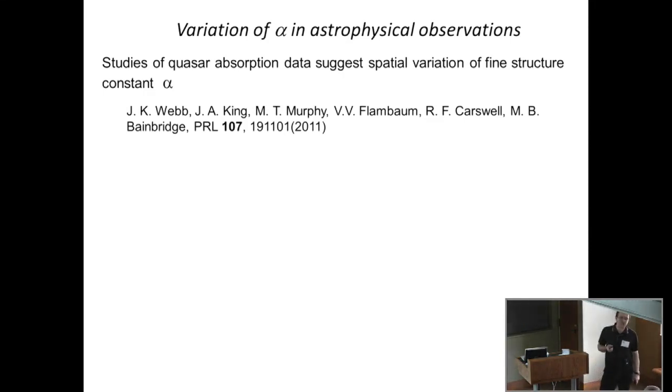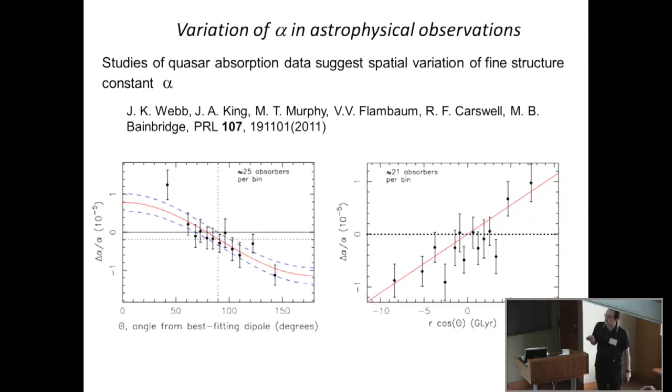These measurements have been done by John Webb and Victor Flambaum over the past decade or so, and they have used extragalactic light sources such as quasars and looked at the absorption of that light in the intergalactic medium. And what they have seen looks like a signal, a variation of the fine structure constant.